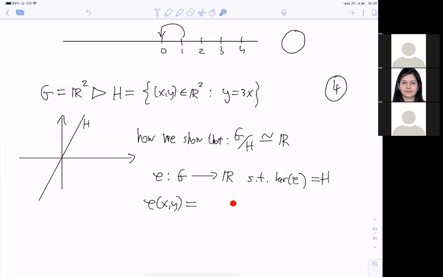But what will it be such that the xy that goes to 0 will be exactly this H? And then we can apply the first isomorphism theorem to deduce this. What could be our epimorphism?